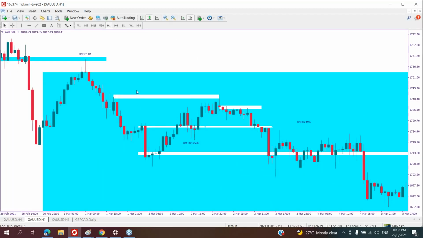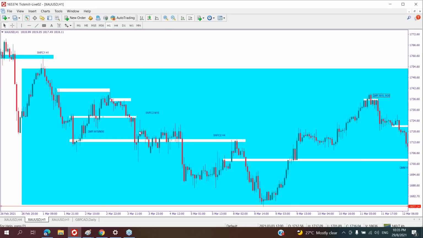And the second thing is, after price closes exceeding the entry point, I start to cut loss. I'm not going to hold it for a long time.